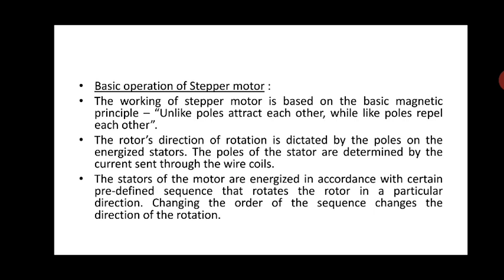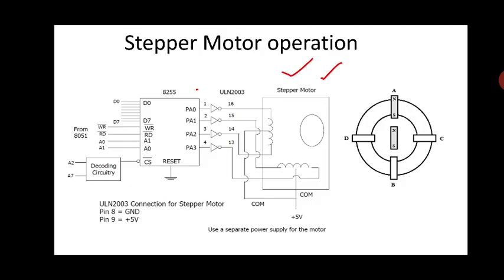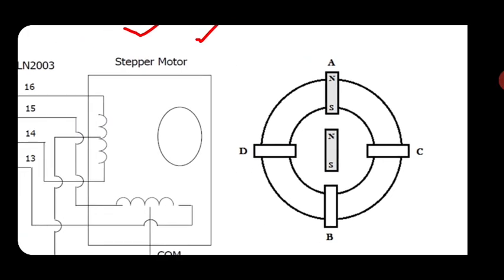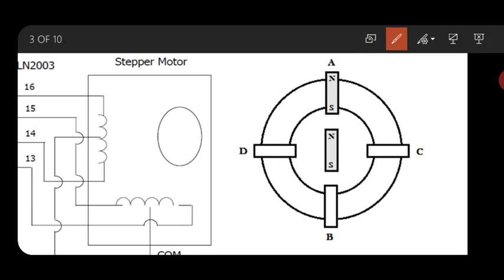Now look at this one. Now imagine that, I hope you can see here. Your magnet, the inside magnet, this is the N pole and the S pole.